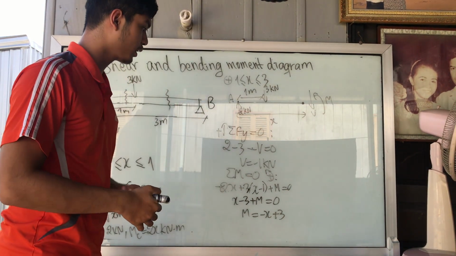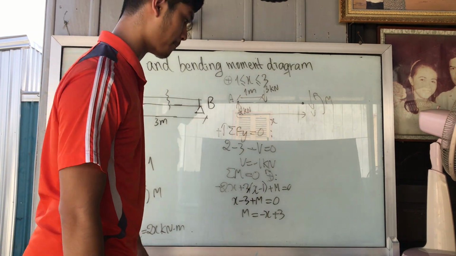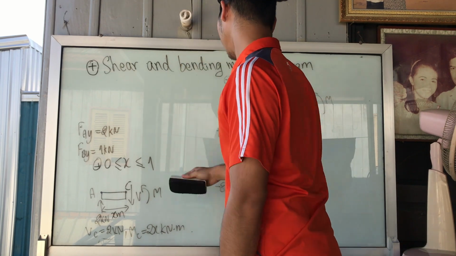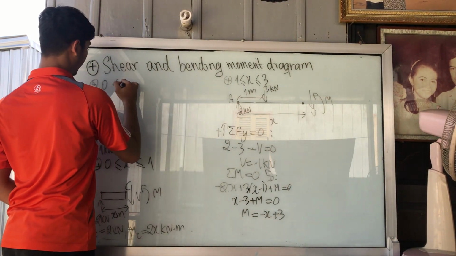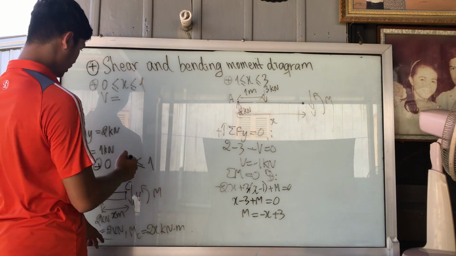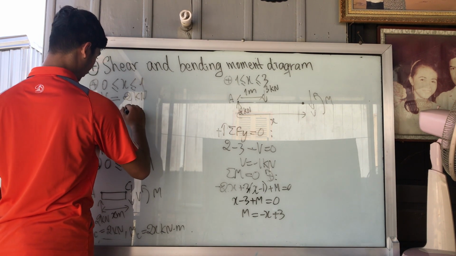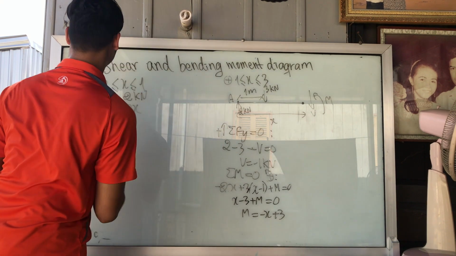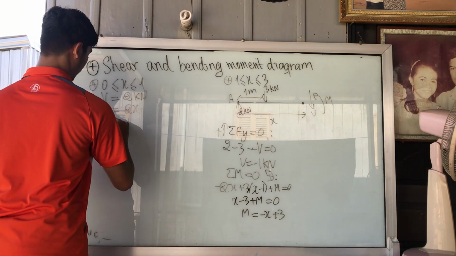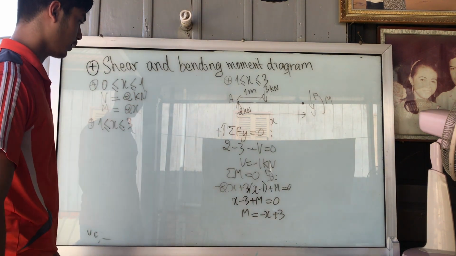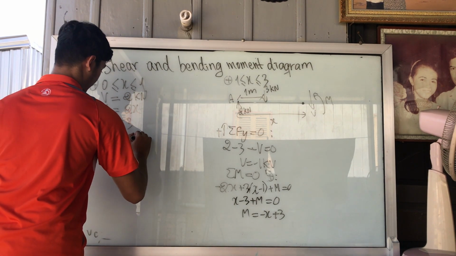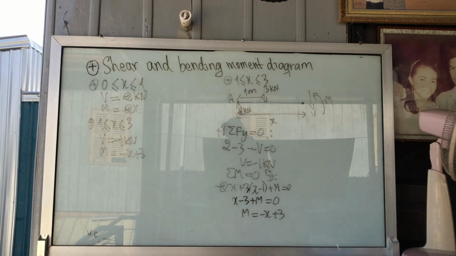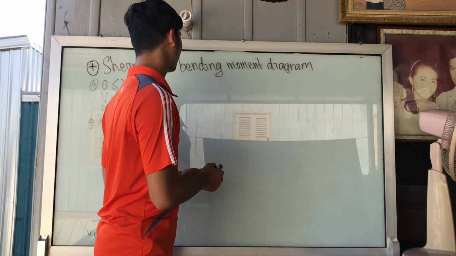So V equal to minus 1, M equal to minus x plus 3.